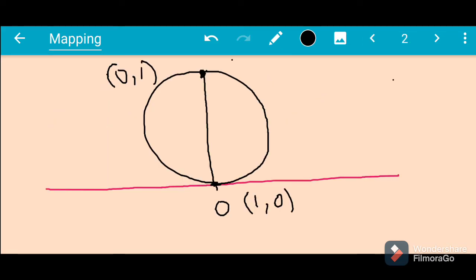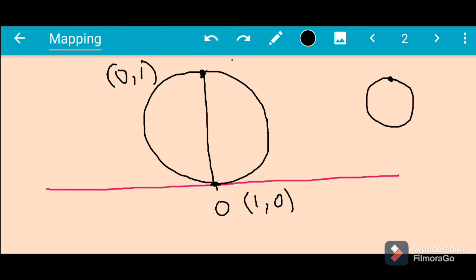Now suppose we draw a secant. What is a secant? If this is a line and this is a point, if I draw a line like this, then this is a secant, because it cuts the circle at two distinct points.